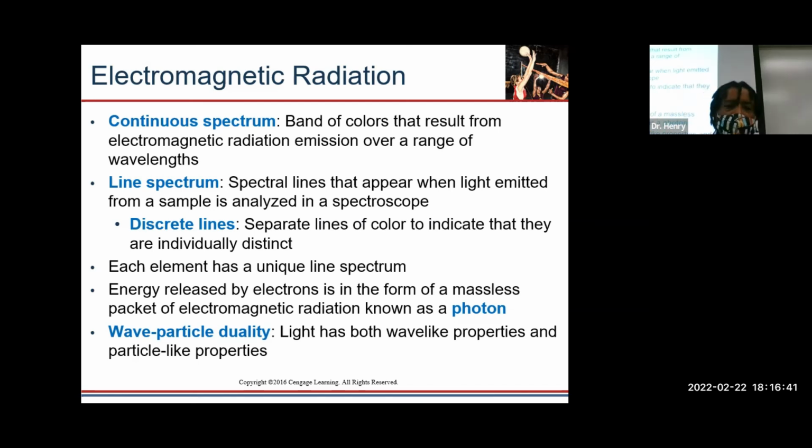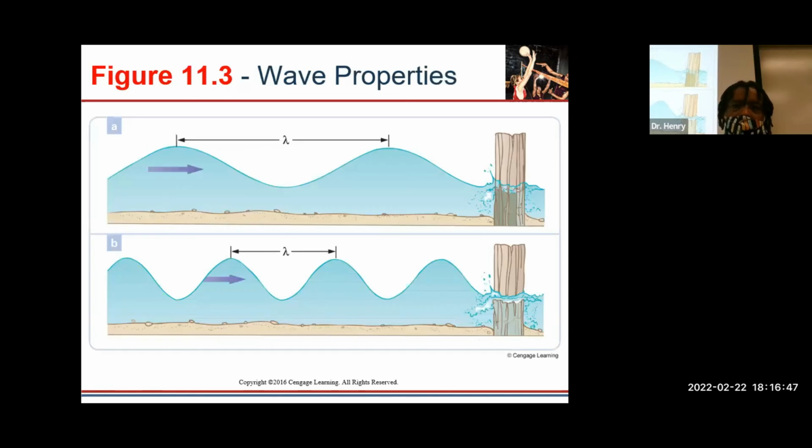I've already talked to you about wave and particle duality. You're all familiar with a wave, right? So, the properties of a wave. The wavelength represents the distance from peak to peak or trough to trough.